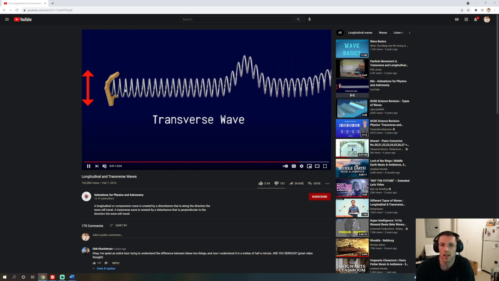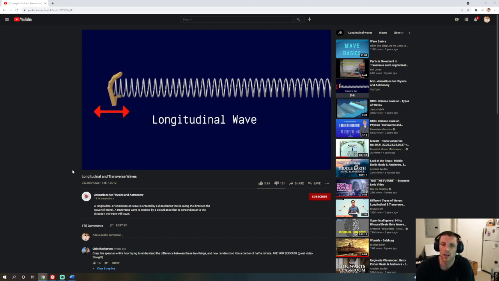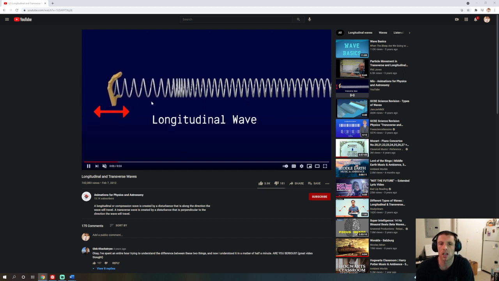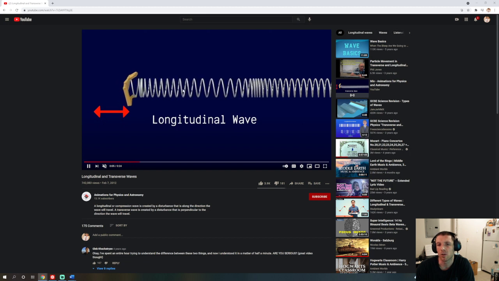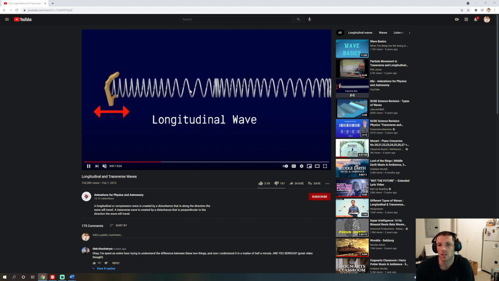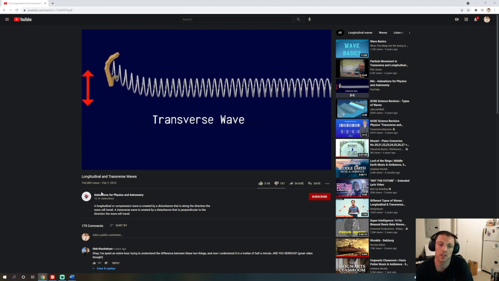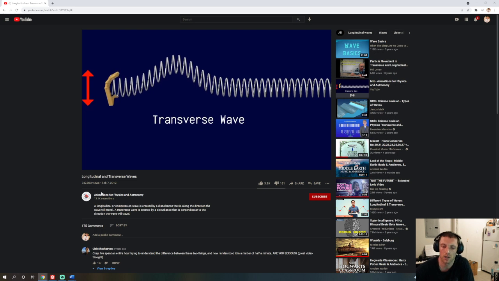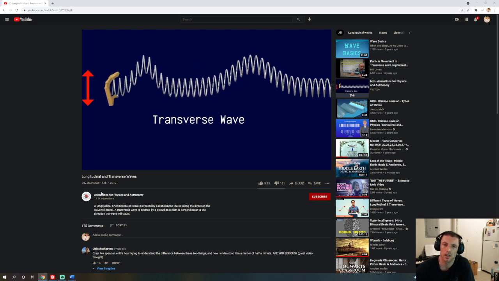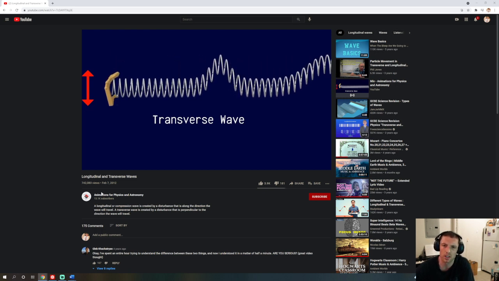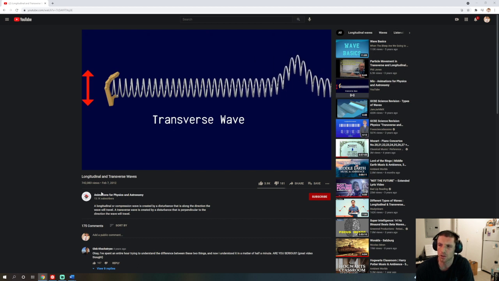Here, displacement from equilibrium is in the vertical direction, and the direction of propagation was to the right. Here, the displacement from equilibrium is along this horizontal line, but so is the propagation.